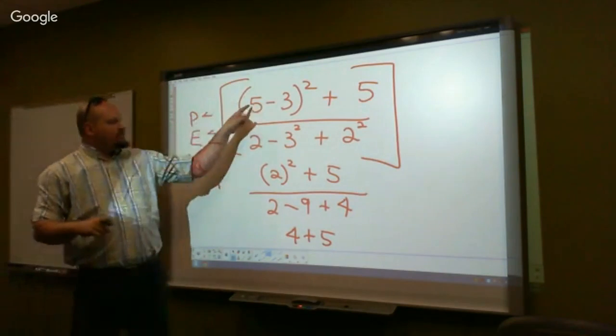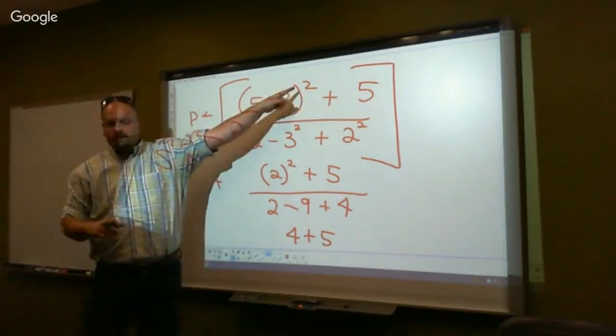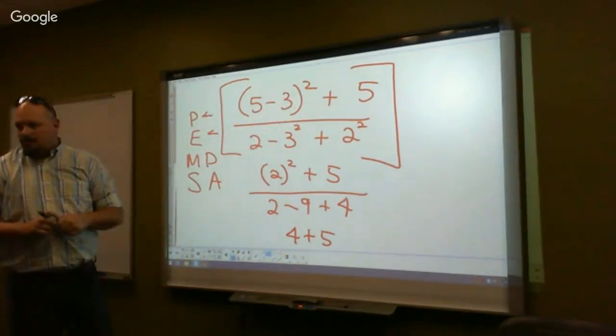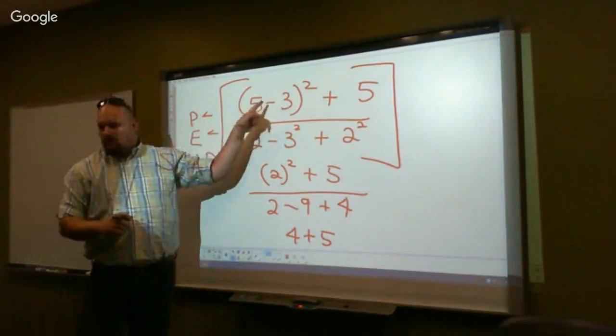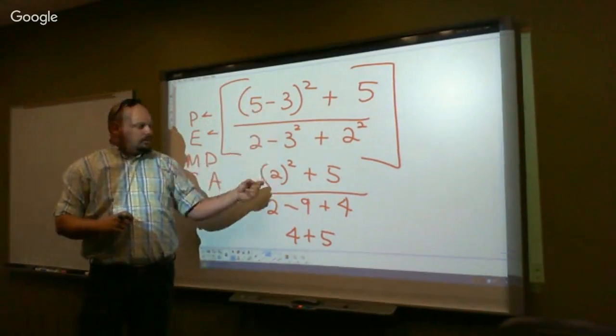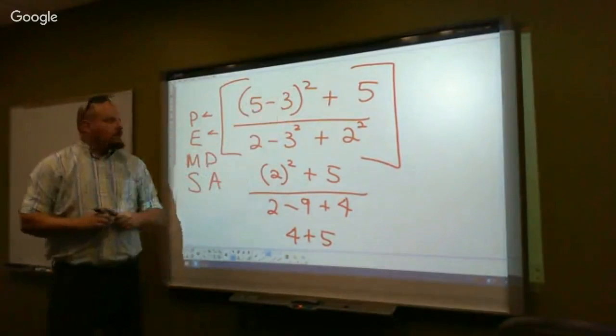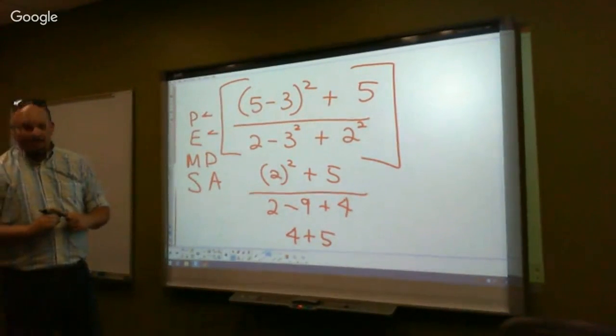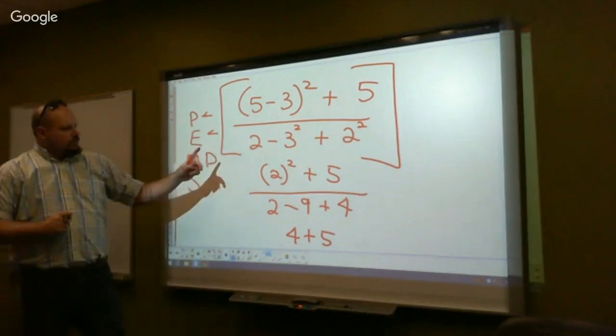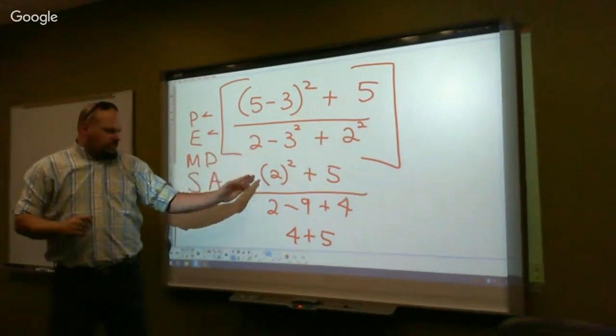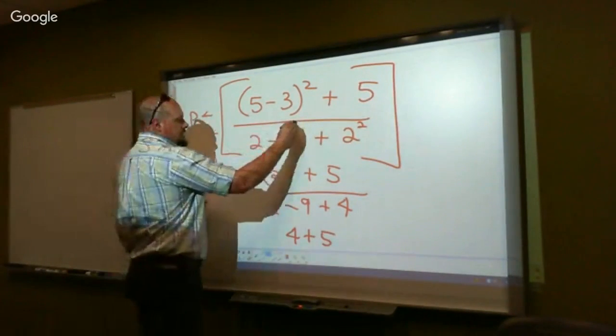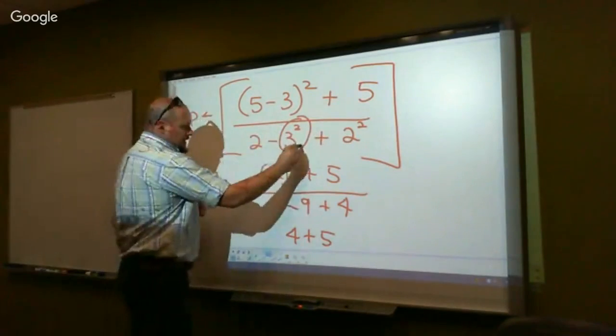So I have this 5 minus 3 squared, I got that part. The 5 minus 3 is the first step, right? Which is 2 squared. The denominator part, which is 2, is its own thing and just comes straight down. And then we do 3 squared, which is 9, and that comes right here.